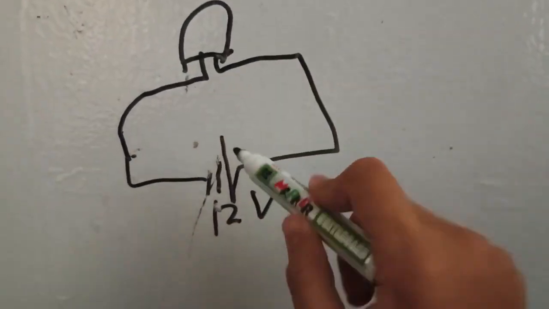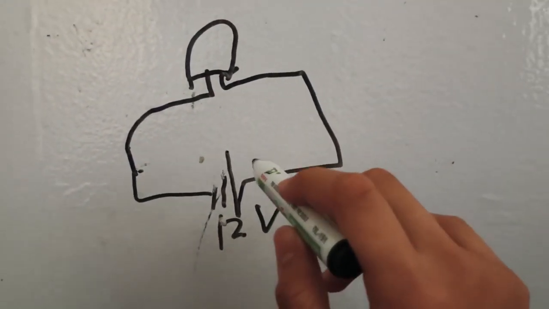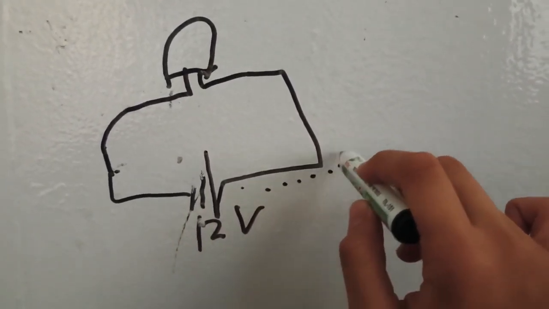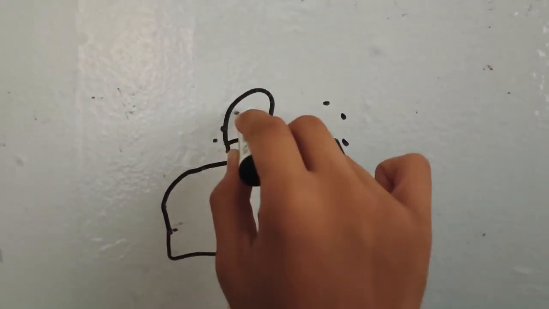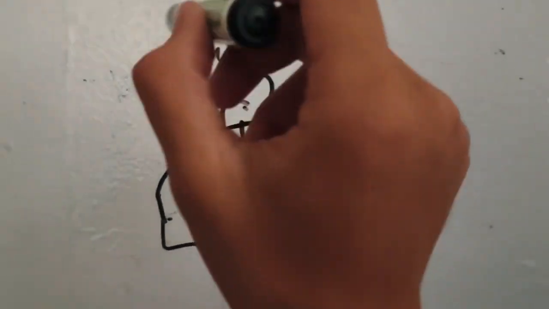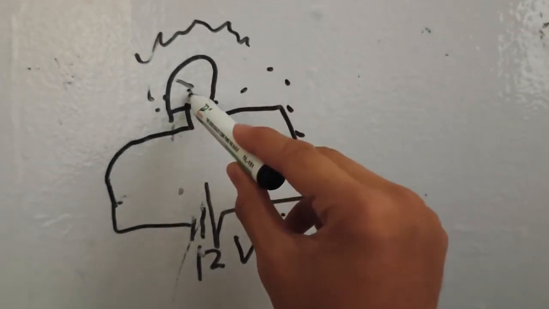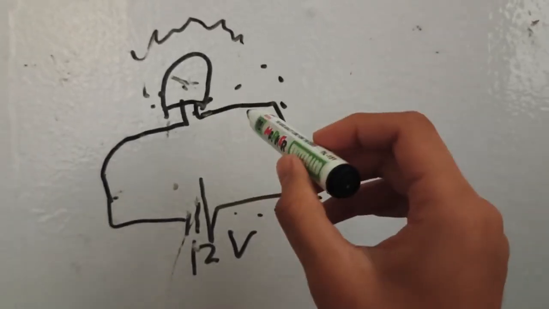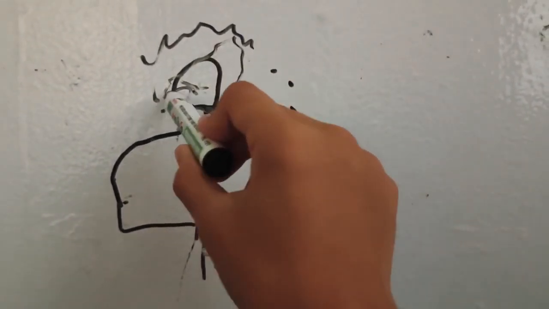When electrons travel, they travel at a certain speed, which we call current. These are the electrons, right? If they travel so fast in this component, it will eventually heat up. The faster the electrons travel, which we call current or amps, the faster the component will heat up, causing the electronic component to burn.